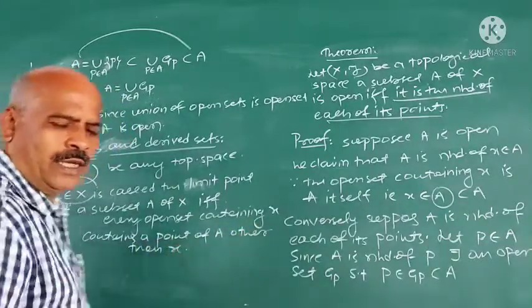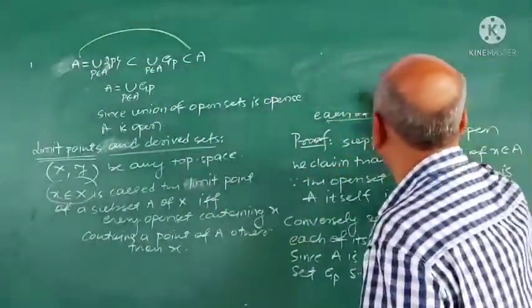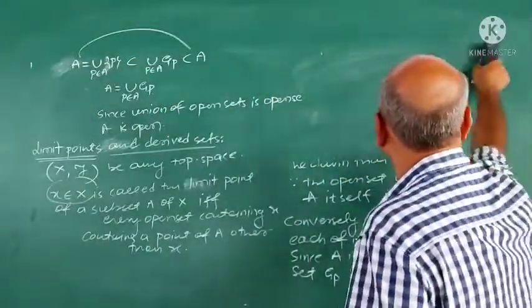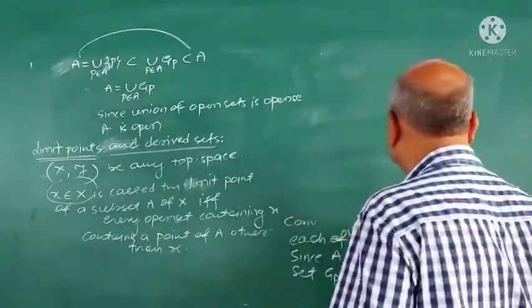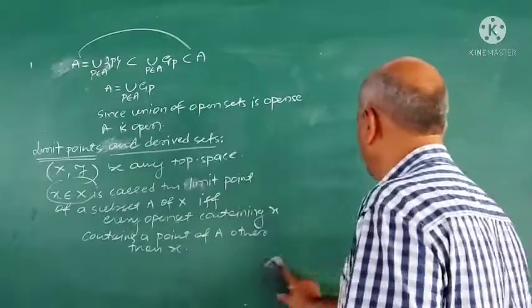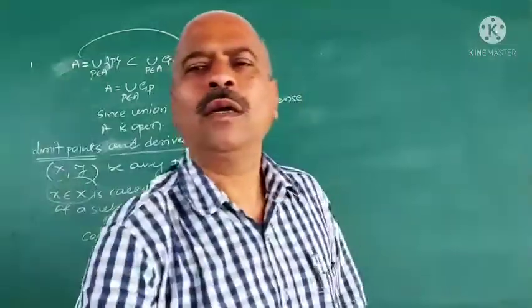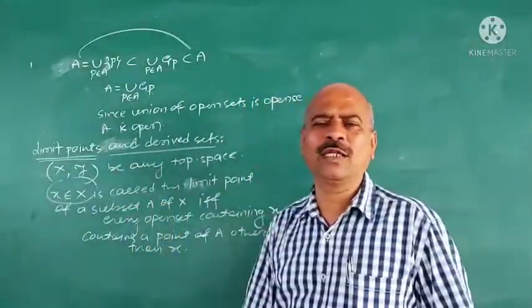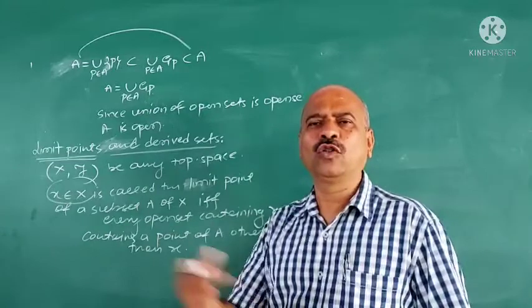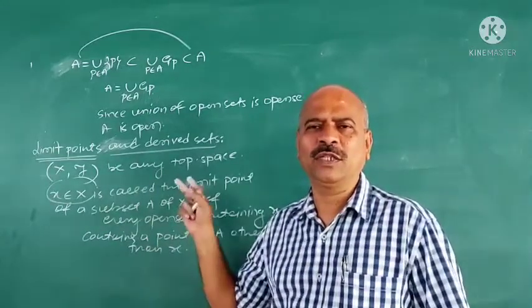I don't know how much of the definition you followed. If I give an example, then it will be more clear. Understand the definition first. To understand the definition, you have to read more and more. Then only can you understand. And you have to solve the problems, then you will be thorough with the definition.